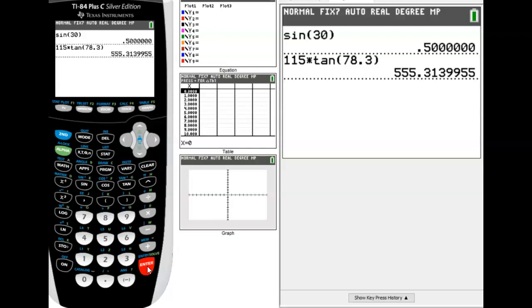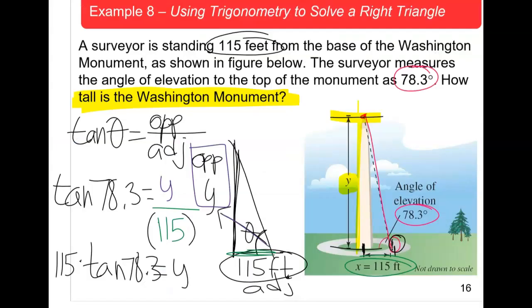So the answer is 555.31399. So let's see how they want us to round it in our problem. And it does not specify. So if your question on WebAssign was saying round to the nearest foot, the answer will be 555 feet.